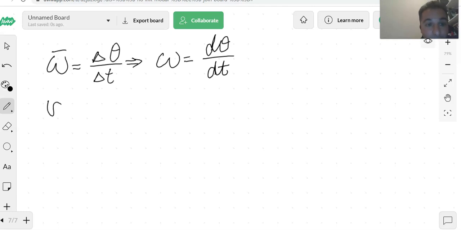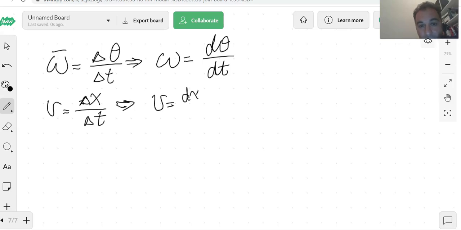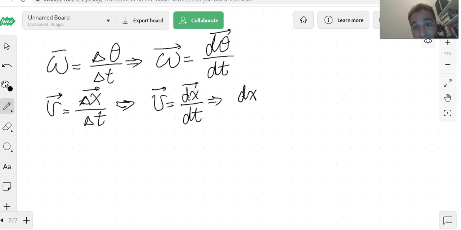As we had before, velocity is delta x over delta t, and in calculus space we wrote v is dx over dt, correct? We should have a vector arrow on it, and here too.